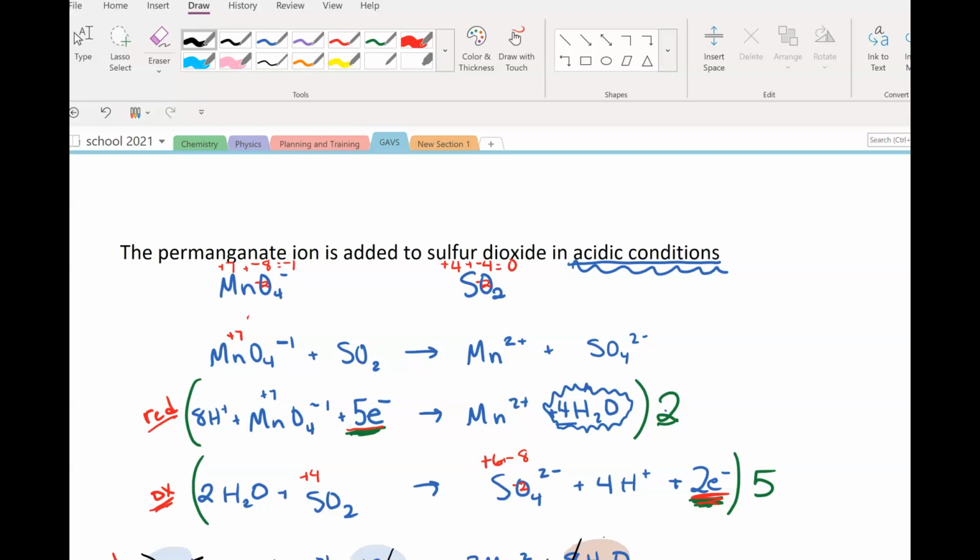I needed 5 electrons to run my reduction, and they come from my oxidation, so the least common multiple between 5 and 2 is 10. I need to multiply my oxidation by 5 to have 10 electrons available, and multiply my reduction by 2 so that it consumes 10 electrons.